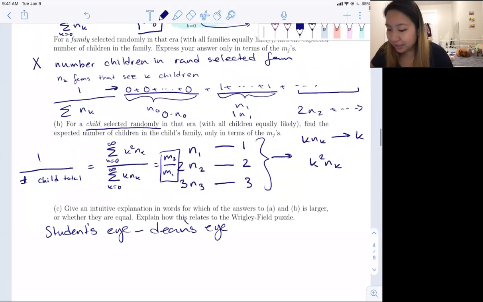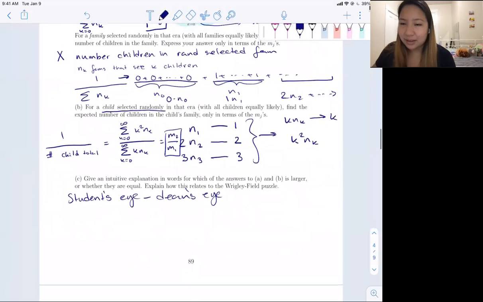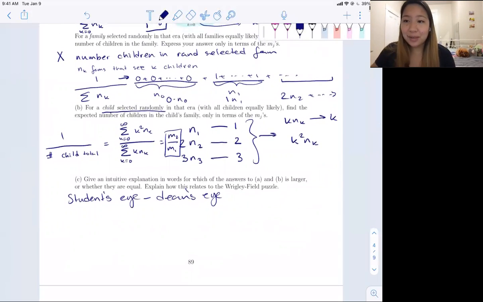And the analogy is that part A is going to be like the dean's eye view, because they're just choosing families. Let's call a family a class, and the number of kids is the number of students in that class. So this is like part A, the family's eye point of view, and student's eye is part B.